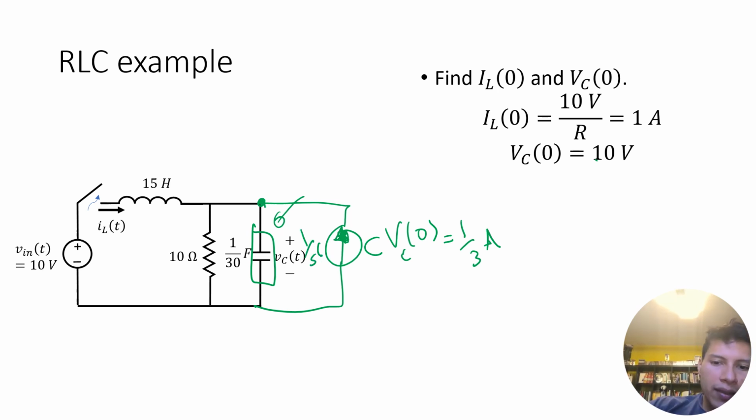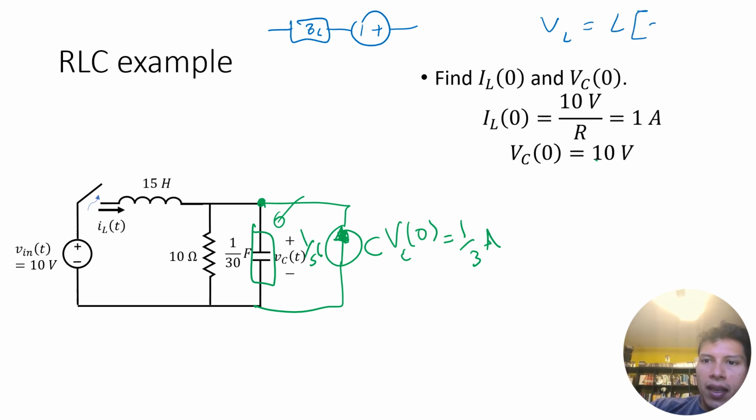And then we can replace the inductor with the series configuration. So just so that I can recollect, if we have our series configuration, it's going to be an impedance and then a source. So ZL, and then we have IL, L dI/dt. So VL equals L S times IL of S minus IL of 0.